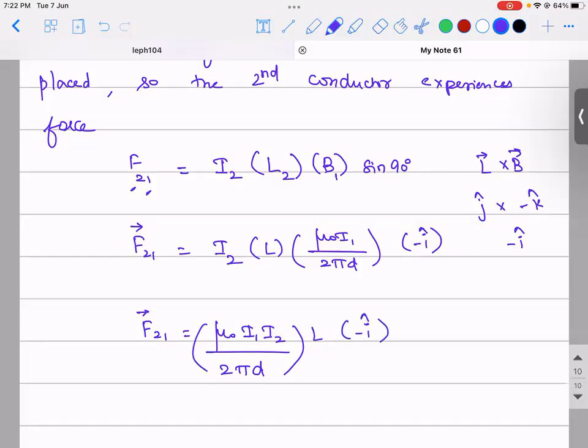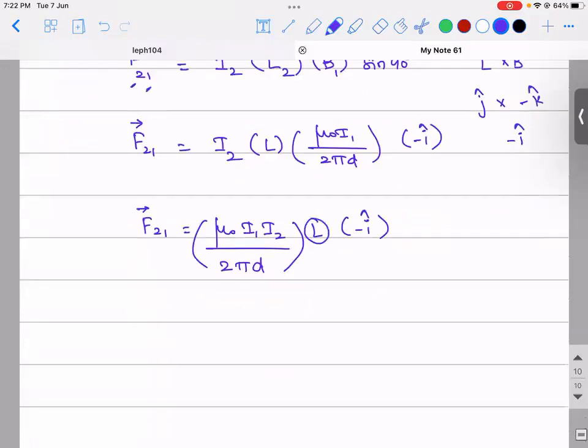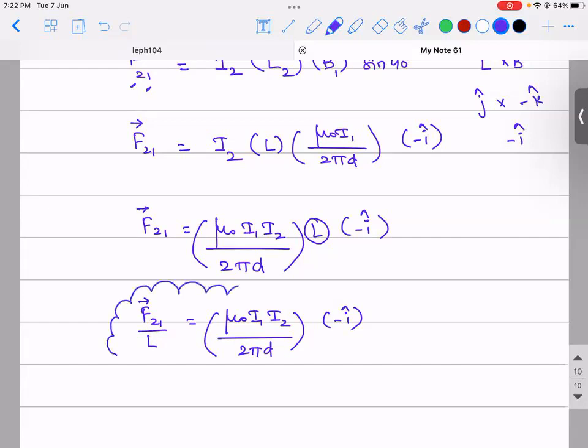Now this L will come to the other side, so F21 vector divided by L is equal to mu naught I1 I2 divided by 2 pi d in the direction of minus I cap. Are you guys able to understand this?